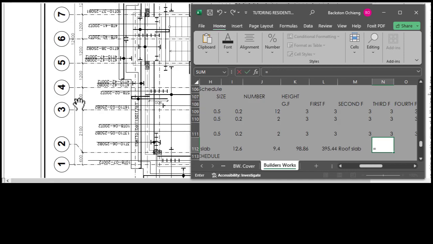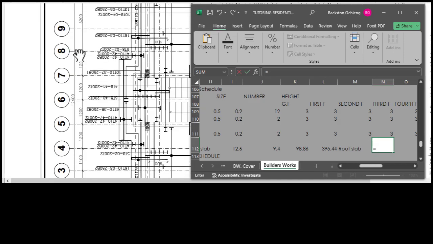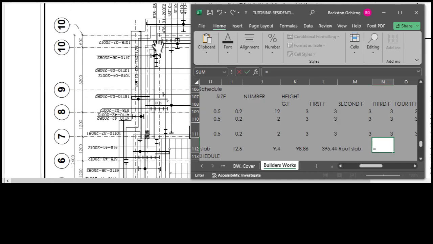So far, for instance, this is 12.4, and the 12.4 is up to the centers of the external beams. So we'll take the 12.4 and then add 0.1, which is half of that beam or equivalent to the thickness of the wall. Then we multiply by 2.